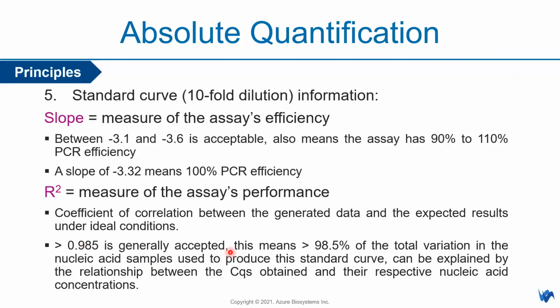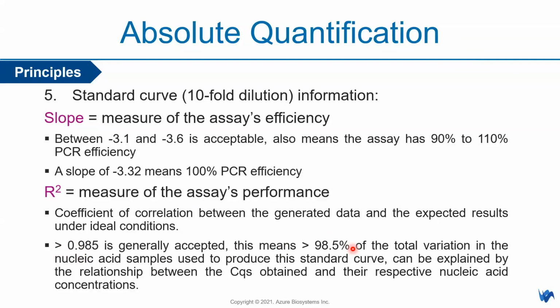All right. So what does this value mean? If you have a 0.985 R square value, it means more than 98.5% of all the total variations in the nucleic acid sample used to produce this standard curve can be explained by the relationship between the Cq obtained and their respective nucleic acid amounts.